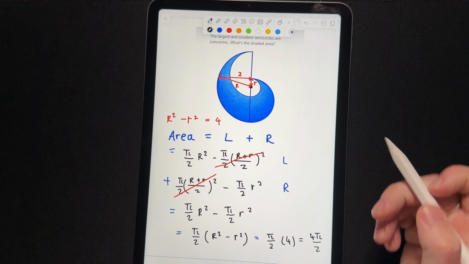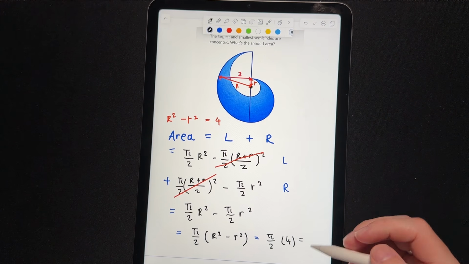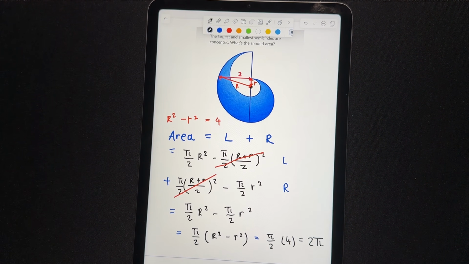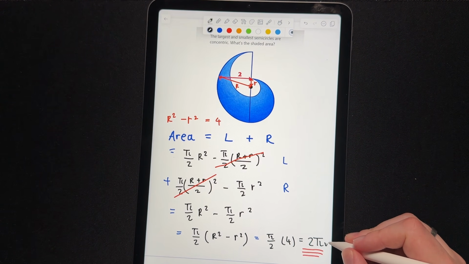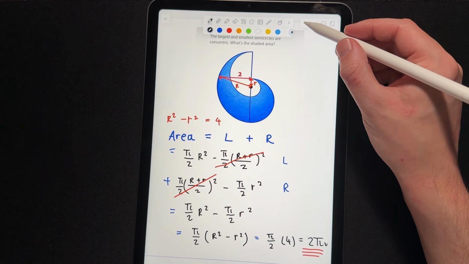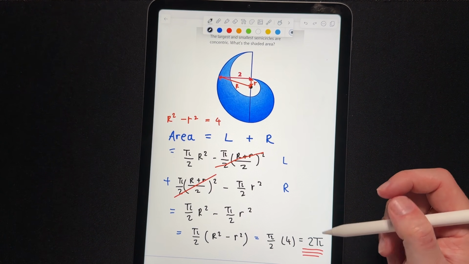Or if you prefer, we can write this as 2 pi. And this down here is our final answer. I should also write that that is units squared, whatever that may be. So I'll leave that though, but I'm just implying that this is 2 pi units squared as it is an area.